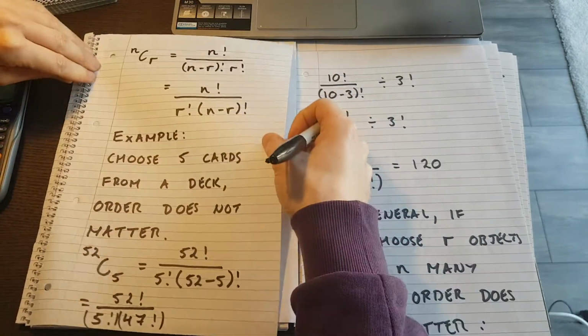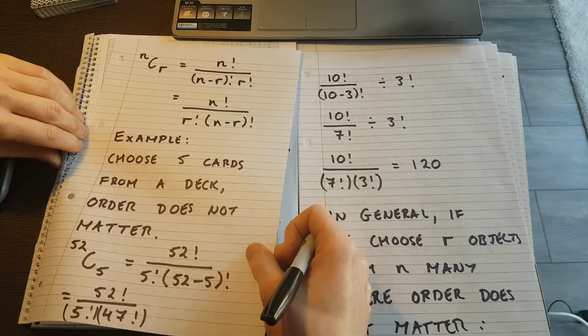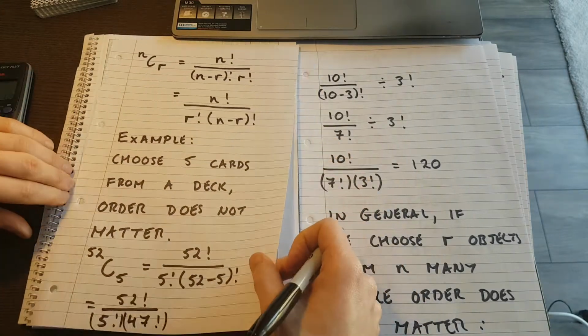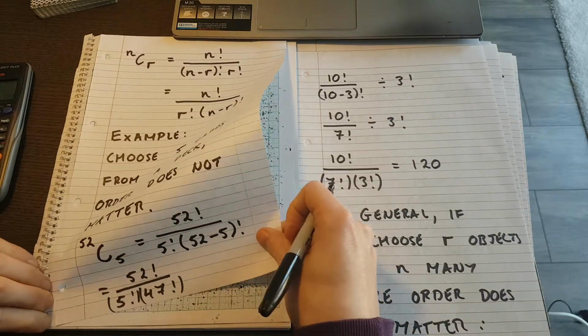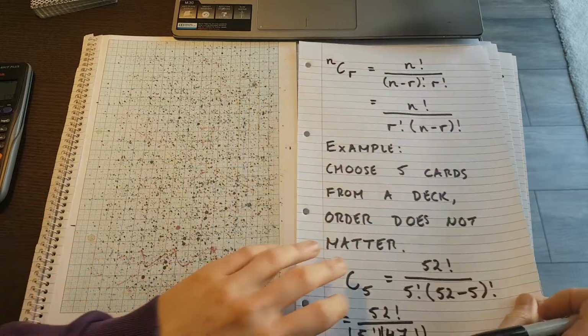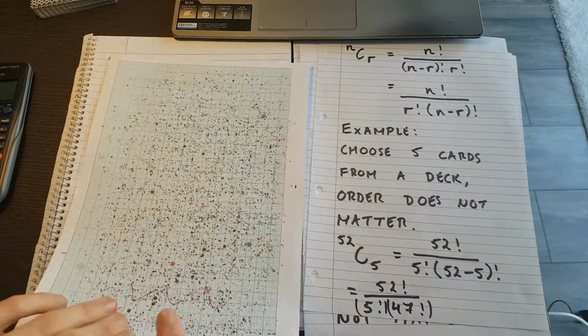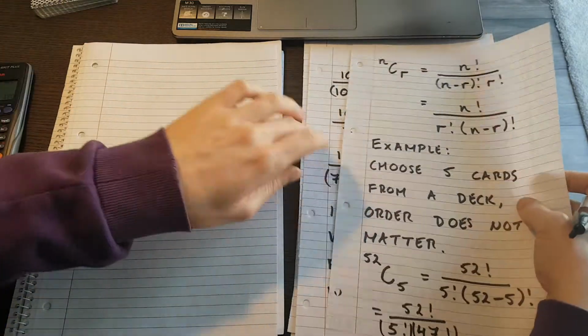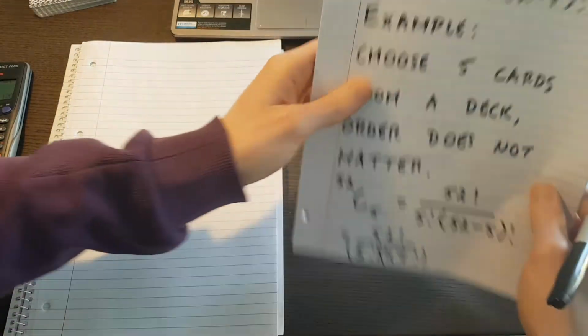And can I give you the number? Well, yes I can, but I'm not going to do it this way. The reason is that, like I said before, 52 factorial is such a big number that my calculator will only give it to me in scientific notation. So I'm going to use a special function on my calculator which does this computation for me.